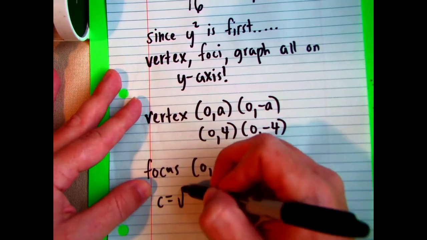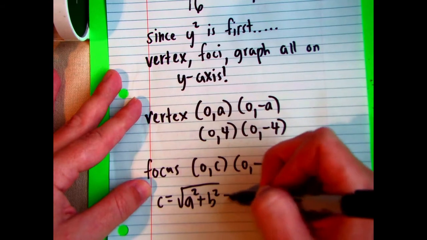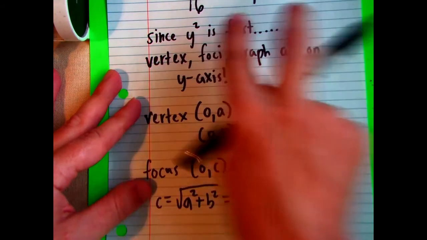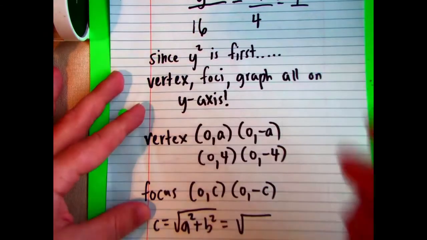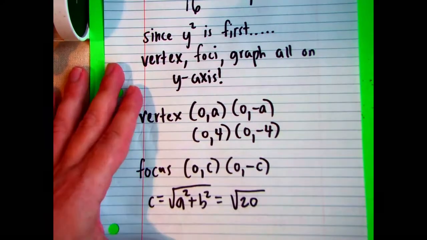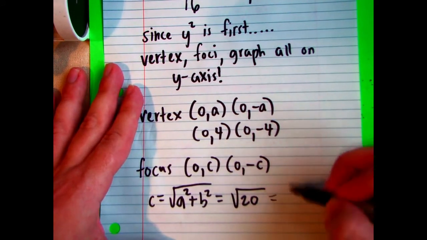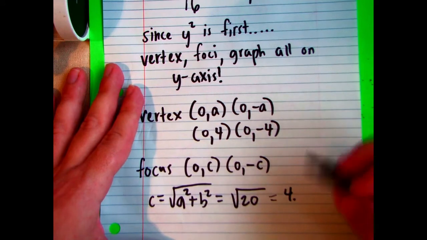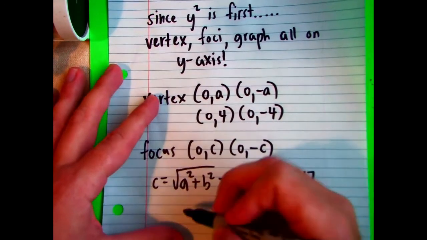I'm going to get c the same way as I did before. C is the square root of a squared plus b squared. So c is the square root of 16 plus 4. The square root of 20 is about 4.5 or so, 4.47.